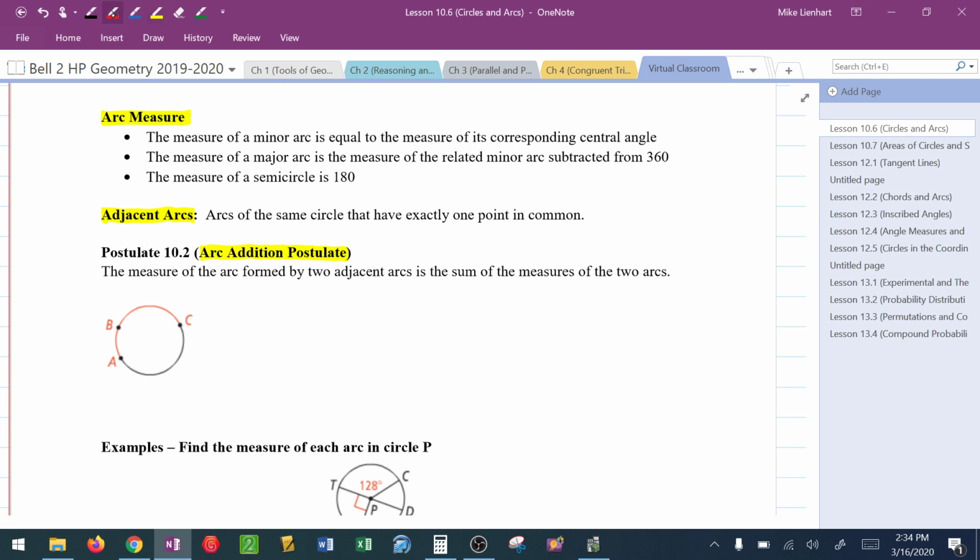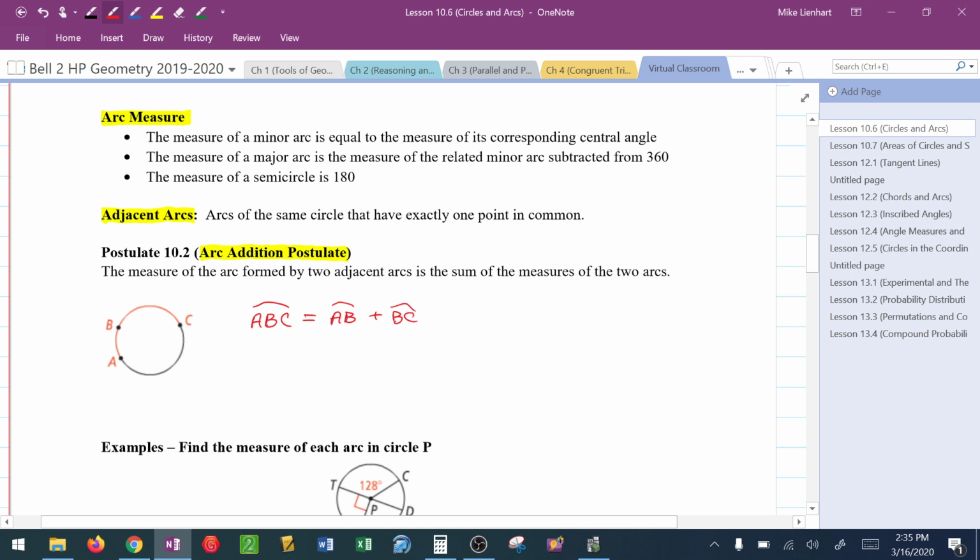Just like how we had angle addition and segment addition, we know this to be true: arc ABC is made up of arc AB plus arc BC. And that's what the arc addition postulate tells us.